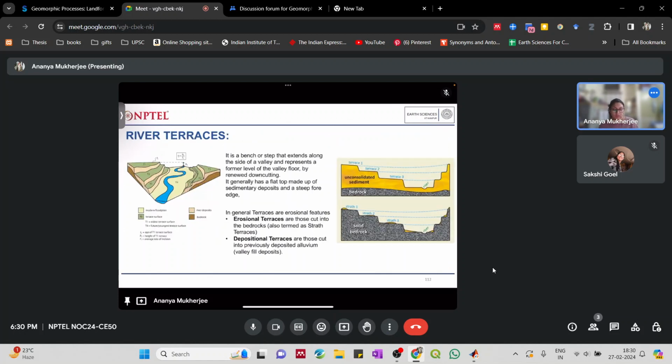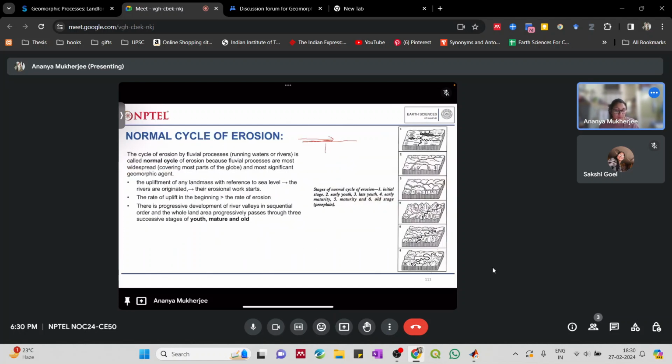So if there is an uplift over here, suppose, now the surface water that is flowing, there is going to be a slope difference, and that is going to help in the increase in the rate of flow or the change in rate of flow, and because of that the water will have more power to erode this substrate as well as carry whatever sediments is being eroded from here and carry it forward downstream.